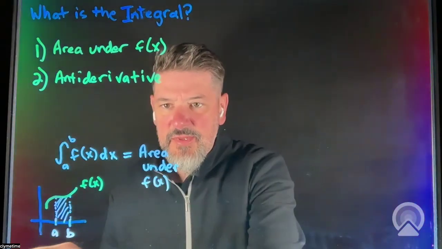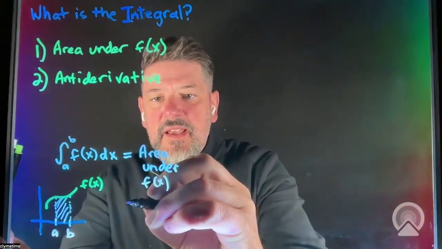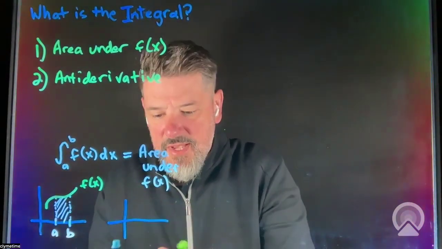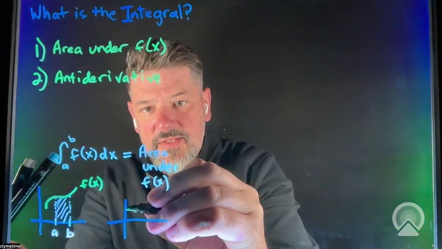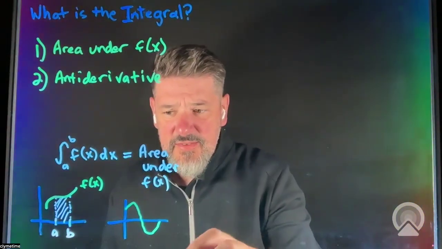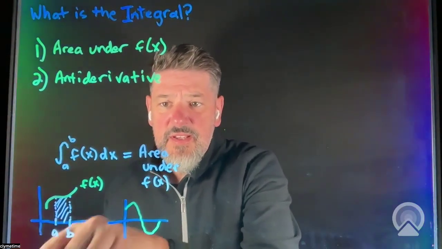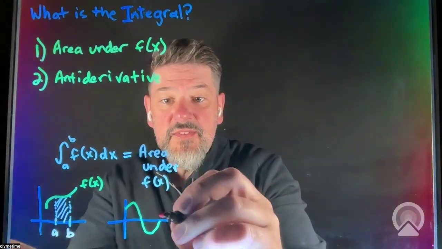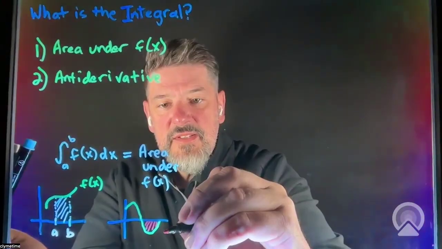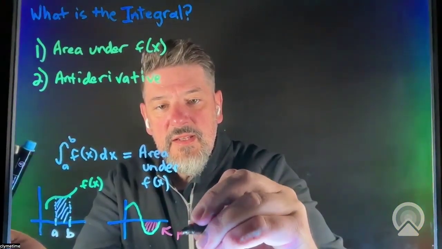Now, there is another possibility, and the possibility is that maybe the function goes up and then it goes down again. So that looks something like this. What happens in that case? Well, the answer there is we actually have some positive area, but we also have some negative area. If that were to happen, this area down here would be considered negative.